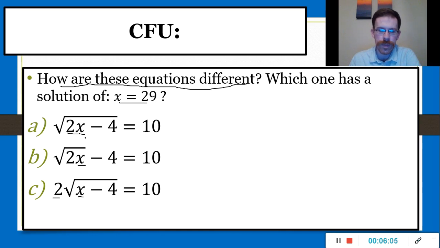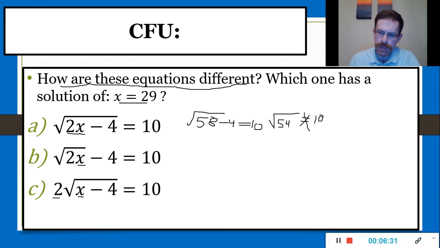What's 29 times 2? 29 times 2 is 58. It means the square root of 58 minus 4 is equal to 10. Now, ladies and gentlemen, is that true? It's definitely not, because that means that the square root of 54 is equal to 10, and that's definitely not true.